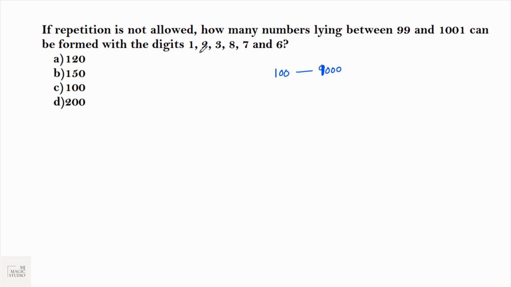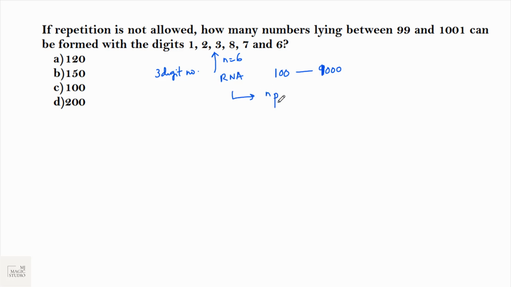Why have I called them 3 digits? Because 0 is not there. So we are looking for 3 digit numbers which can be formed using the digits 1, 2, 3, 8, 7, 6, where n is equal to 6 and repetition is not allowed.